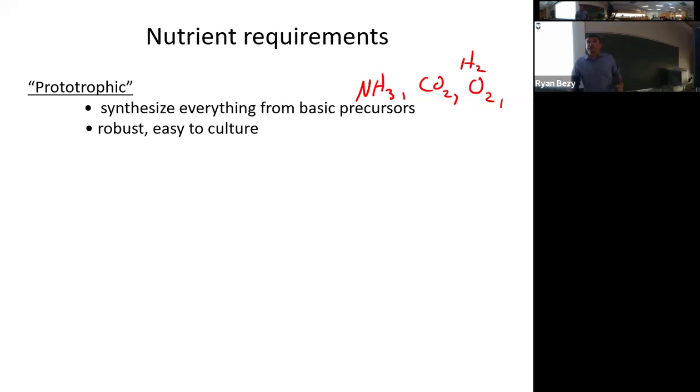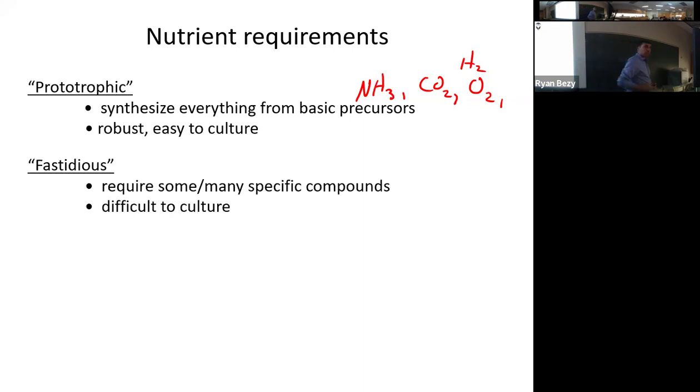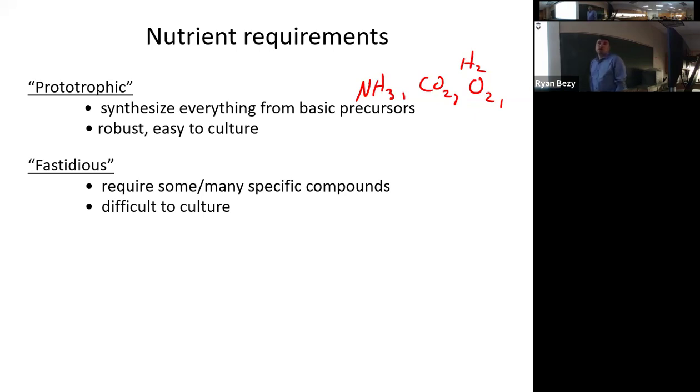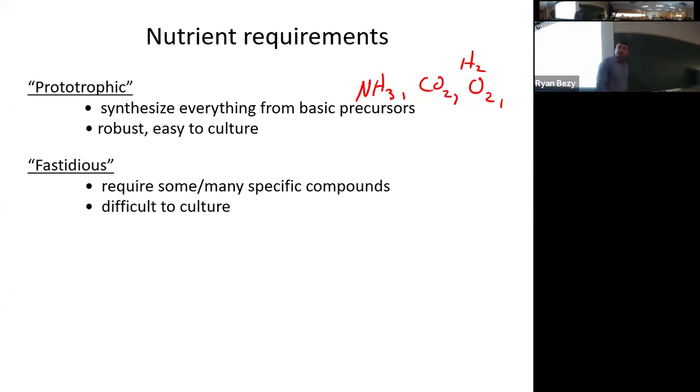They're usually fairly easy to culture in the lab. Some bacteria are known as fastidious. Fastidious bacteria are possible to culture, but maybe a little difficult. Usually they require some or many specific compounds to be added. There are some very specific nutrients you need to feed them to get them to grow.